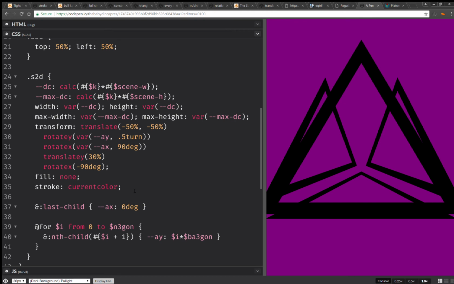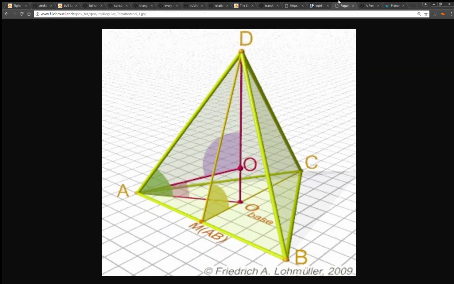And this is starting to look something like a tetrahedron, but we're not there yet. What we need is the angle of the incline, ax, for the lateral faces. Now this is the angle between a lateral face and the vertical.